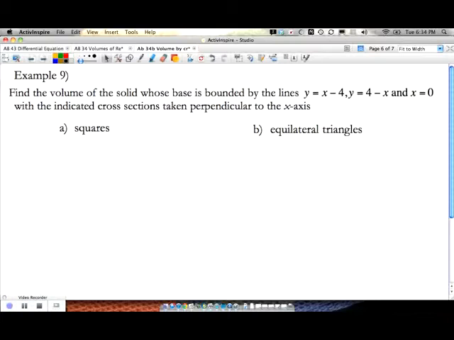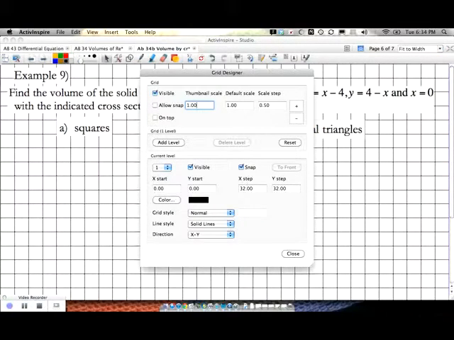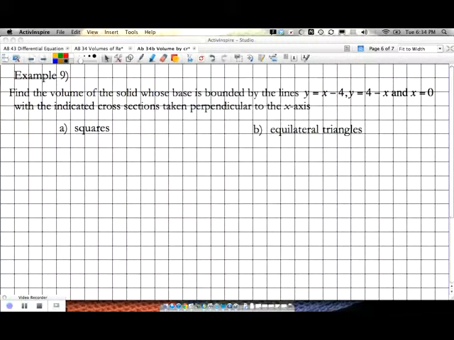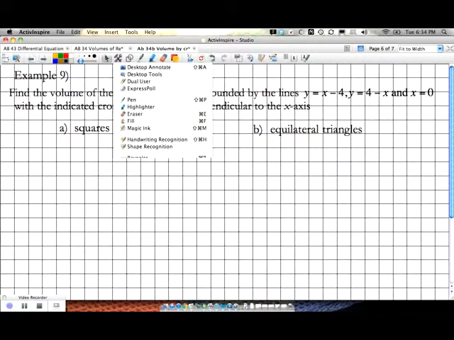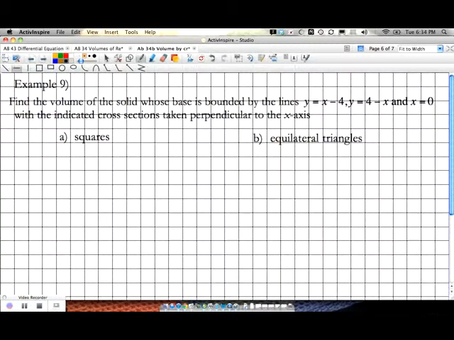I actually can pop up a grid here for us. Put it on top. Okay, so if we have an x and y axis, here we go. Put it right here in the middle. Here's my y-axis, here's my x-axis.